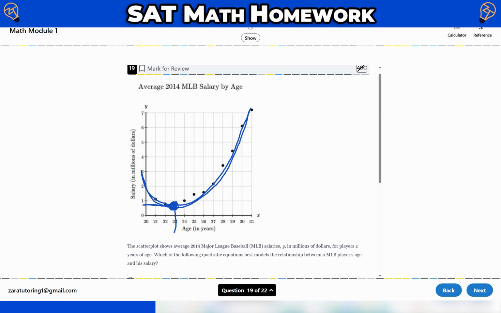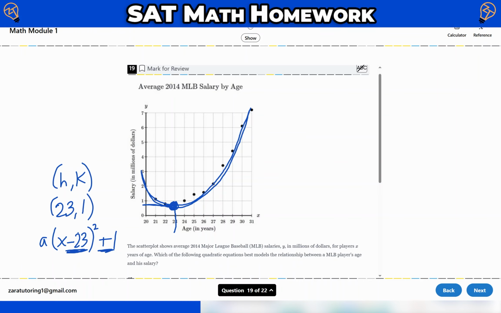So if we're going to represent that in our h, k format, with the ordered pair being, let's say, 23, comma, 1 even, when we put it into the actual format where you have some a value in front and then x, and then you take the opposite of the x coordinate of the vertex, and then you take the y coordinate as is, we should have a negative here in the parentheses and then a positive outside the parentheses. So keep in mind: negative, positive.